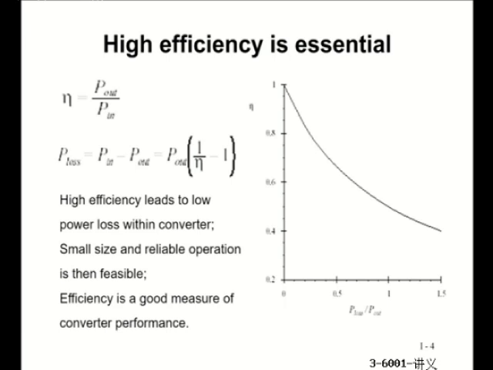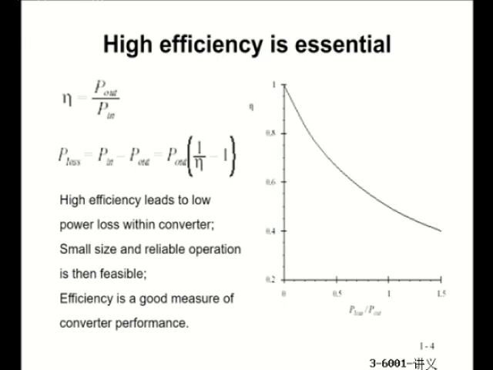Since we are dealing with conversion and control of power, it's going to be essential that the power converter itself does not consume too much power. Ideally, we would expect that 100% of input power will be all transferred to the output side after conversion.